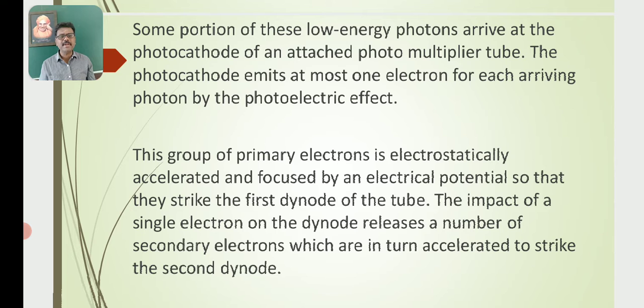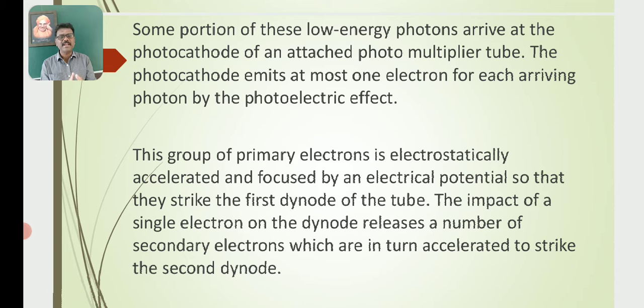This group of primary electrons is electrostatically accelerated by applying high potential with the help of a high potential battery.